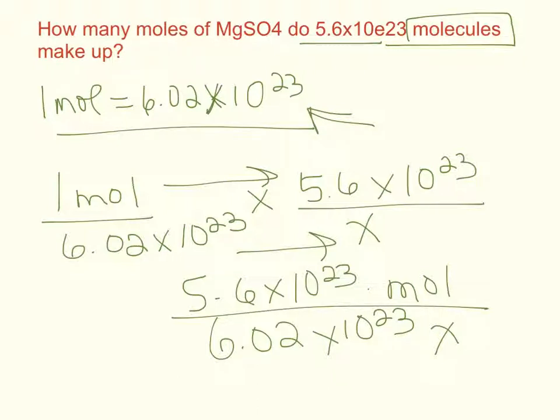And for this number, in your calculator, go ahead and put 5.6 times 10 to the exponent 23, but when you go to divide, make sure you put brackets first, because the calculator will then recognize your whole 6.02 times 10 to the 23.